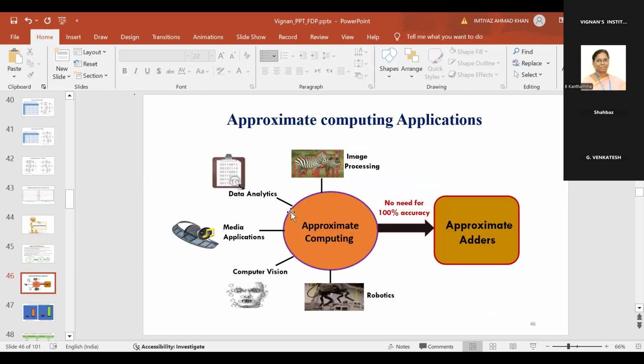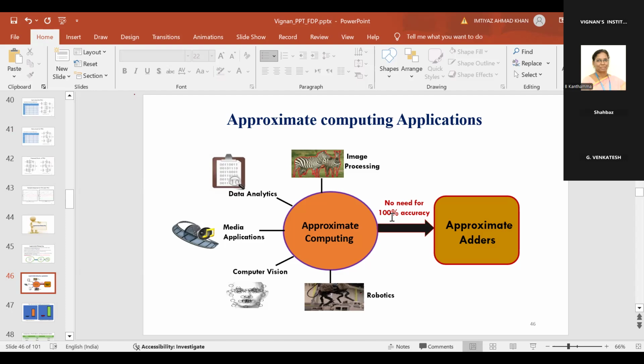Applications of approximate computing include image processing, data analytics, media applications, computer vision, and robotics, because there is no need for 100% accuracy. It is also used in neural networks, artificial neural networks, spiking neural networks, and convolutional neural networks. In any application where there is no need for 100% accuracy, we can use approximate computing.